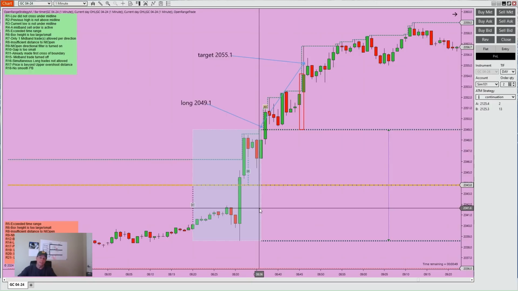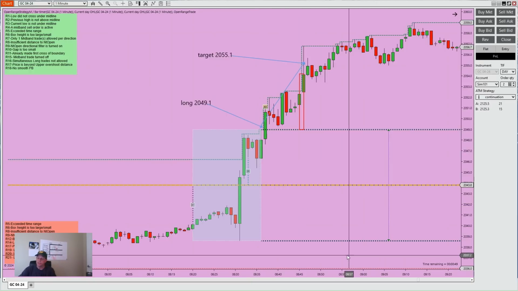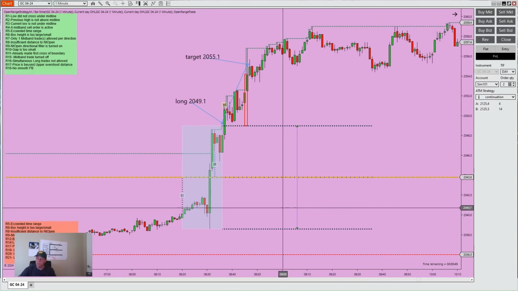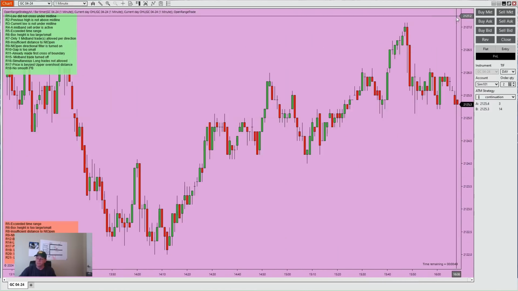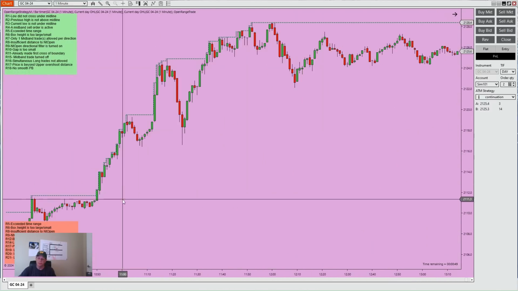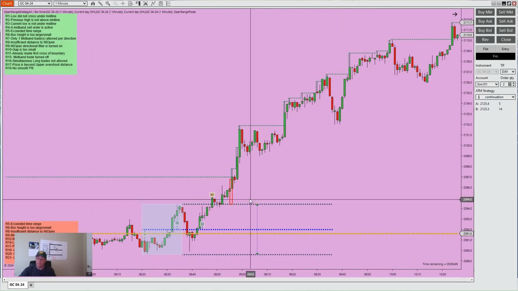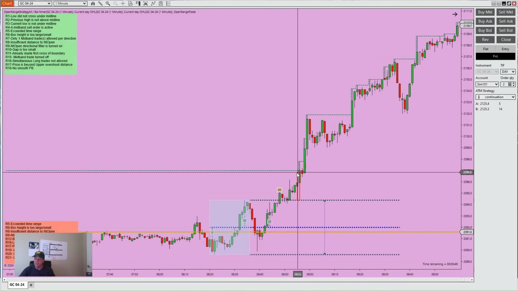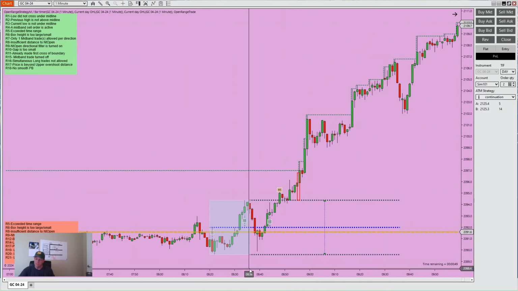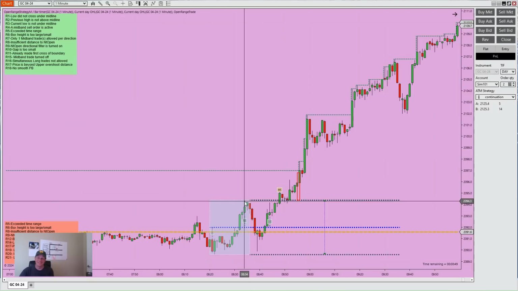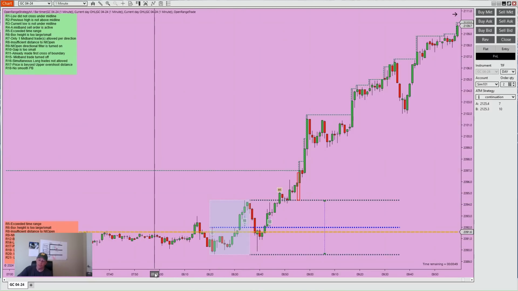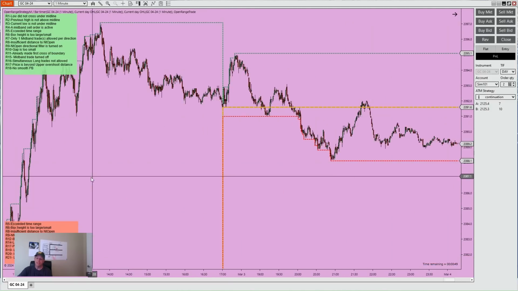Like in today's scenario, that gap is a lot smaller because the box was a lot smaller.